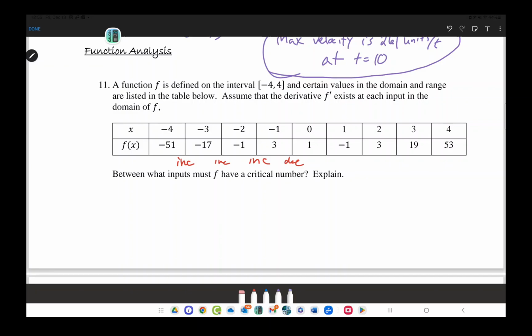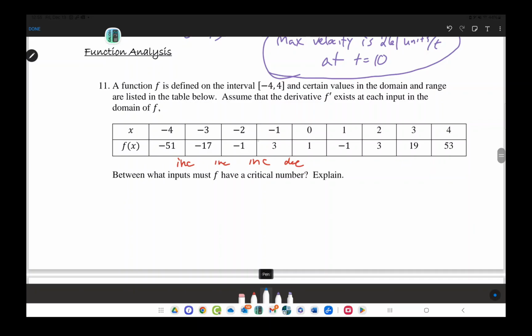What we don't know is, we have to be very careful about this. We don't know where the increasing stops and decreasing starts. It could be between negative 1 and 3, so it could be between here or here.